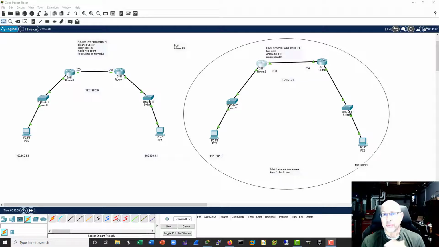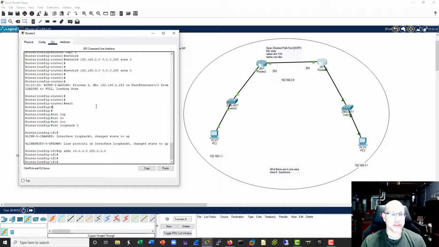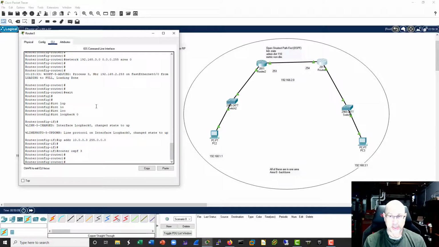Now, if I had had those loopback interfaces up and running when I had built my topology, maybe the routers would have selected those for their router IDs, but let's do this. We're going to say router OSPF, and this is router 3. So again, handy naming and numbering conventions make it really easy to remember what you were doing.